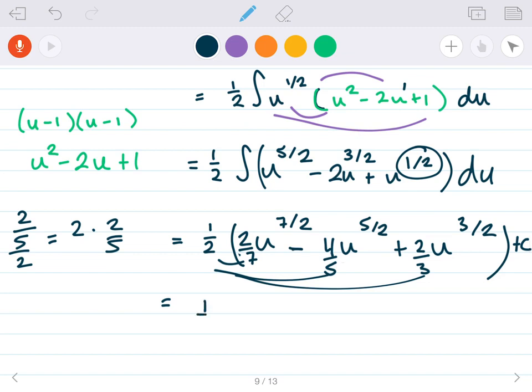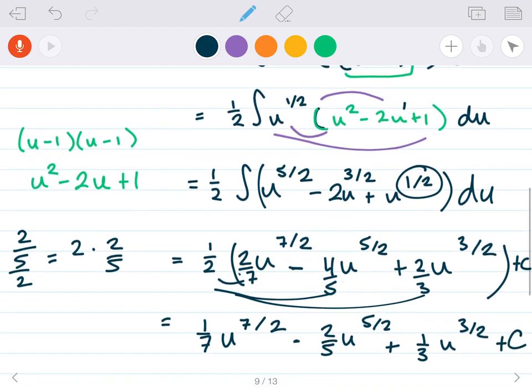So this is going to give me a 7th u to the 7/2 minus 2/5 u to the 5/2 plus a 1/3 u to the 3/2. So again, I just distributed that 1/2 in, plus c.